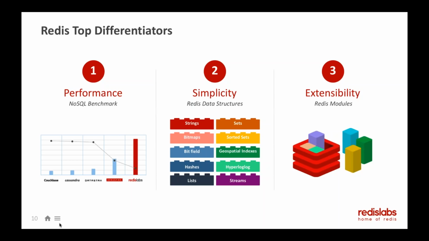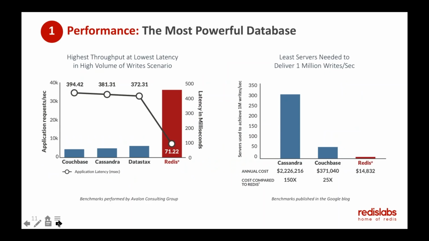We provide 3 or 4 modules that are already in the marketplace, but you're also welcome to write your own module and run it on top of Redis itself. That is a huge advantage around flexibility because it's a modular approach.